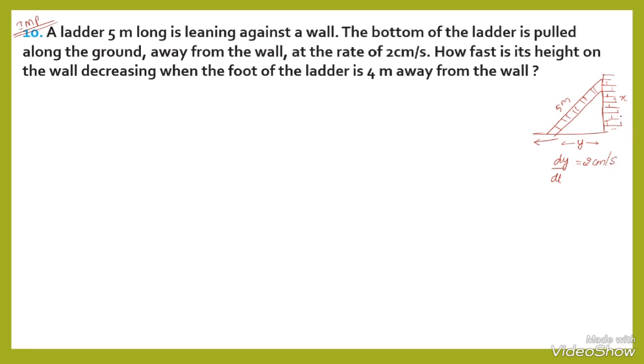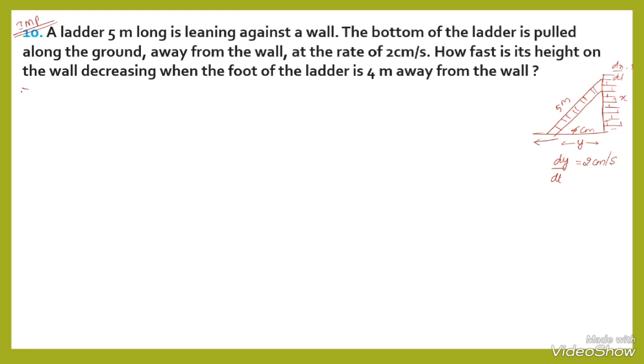And how fast is its height decreasing when the foot of the ladder is 4 centimeter? This is the foot, 4 centimeter, that is y is 4 centimeter. Now I have to find dx by dt.